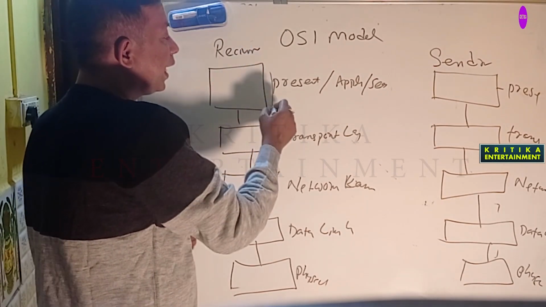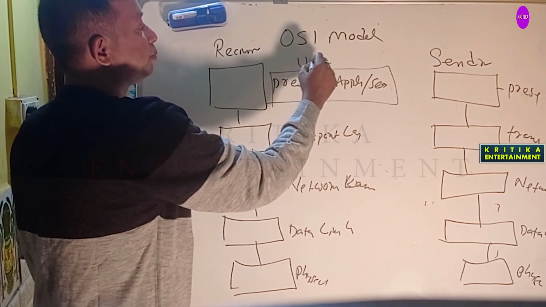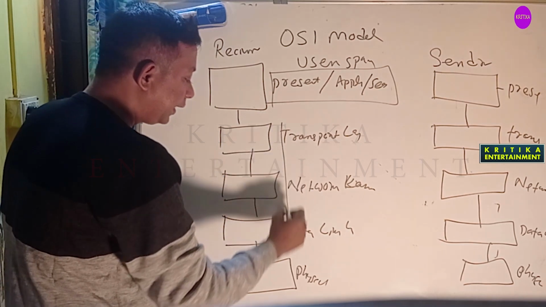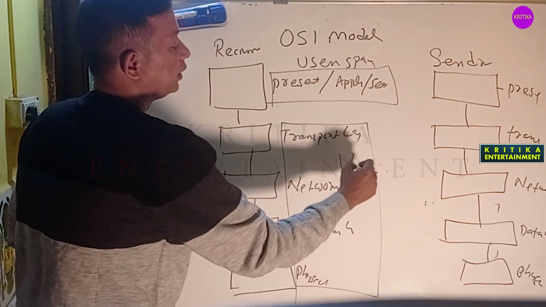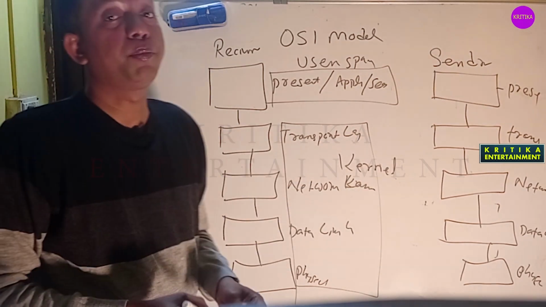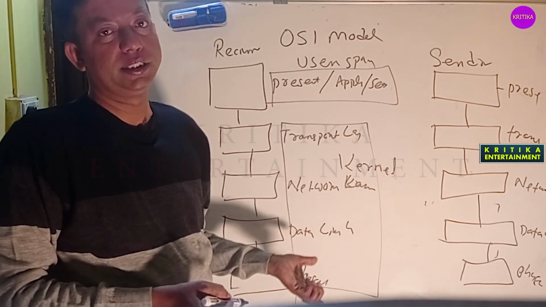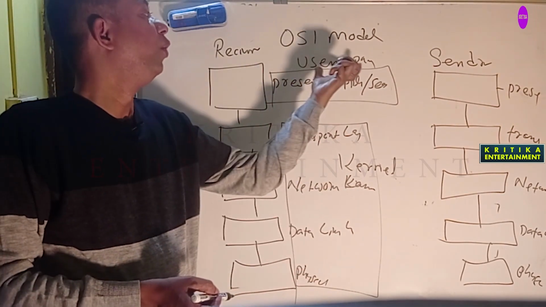The presentation layer runs in user space, and all these other layers run in kernel space. Kernel is the heart of your operating system, a low level API, and we cannot interact with it. We can write or modify only user space.